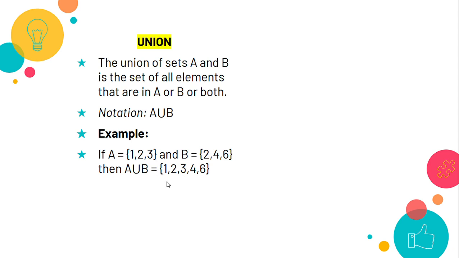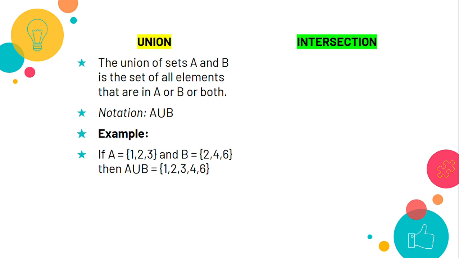And that is the union of the sets. If I pick any element at random from this set, I am guaranteed that that element is either going to be a part of set A, or a part of set B, or in both of the sets. So union is usually used with the keyword or.